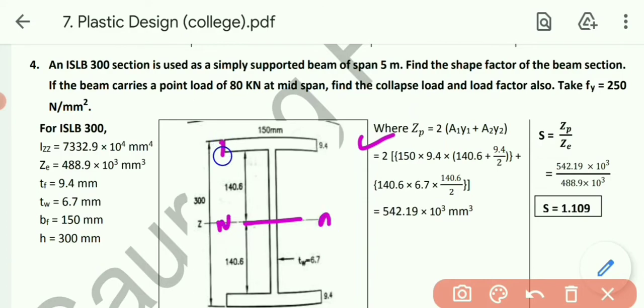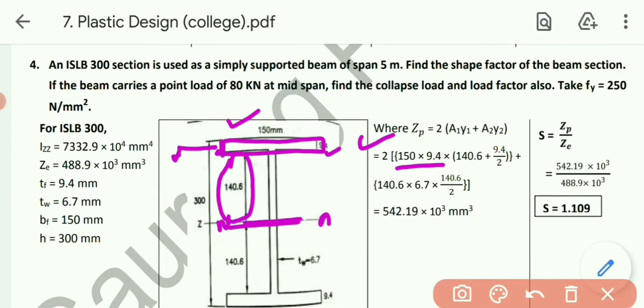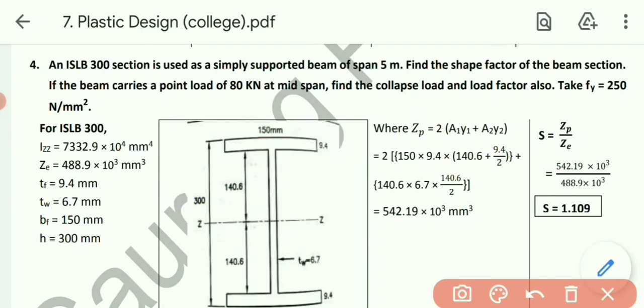This 140.6 has been derived from the overall depth of the section, which is 300 mm.